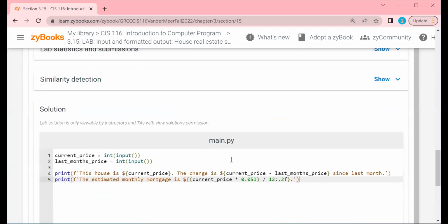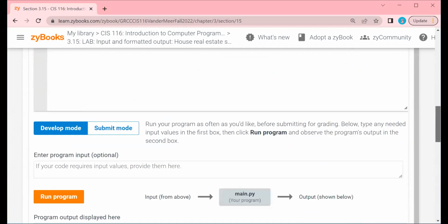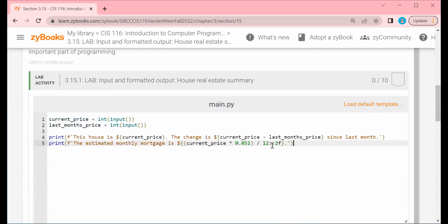Let's look at the solution. Again, they put so much in this sample solution anyway. They put so much into a statement. Do you suggest erasing all of the provided gobbledygook that they give you? Yeah.